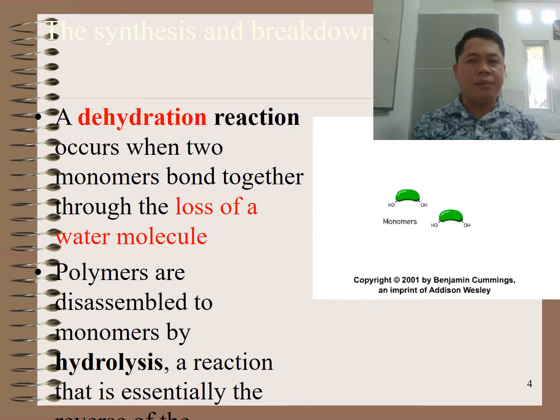The synthesis and the breakdown of polymers. The dehydration reaction occurs when two monomers bond together through a loss of a water molecule. Polymers are disassembled to monomers by hydrolysis, a reaction that is essentially adding water.